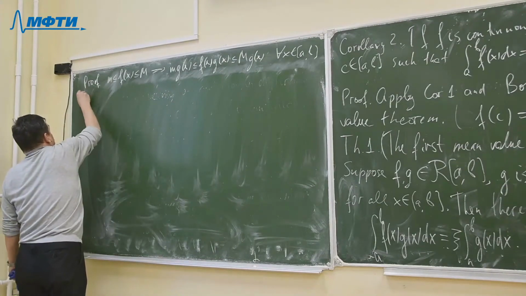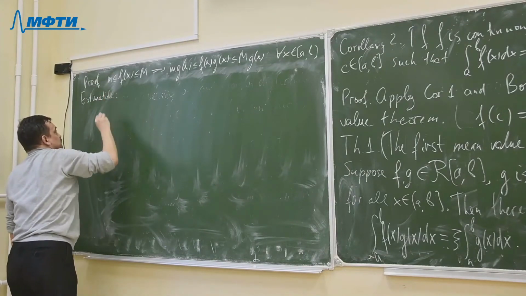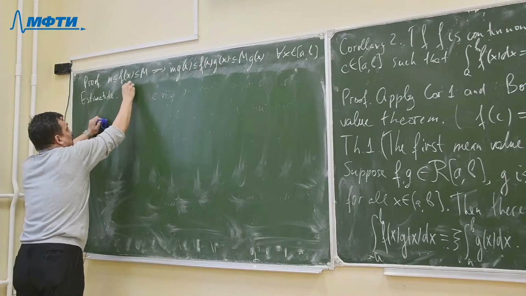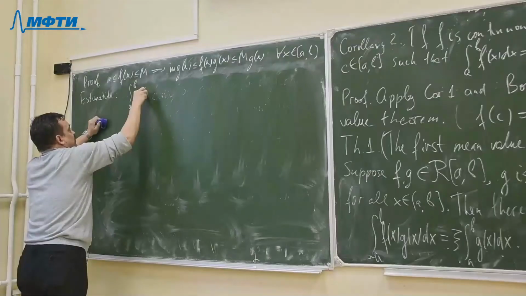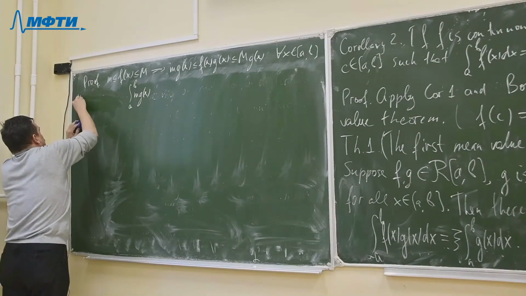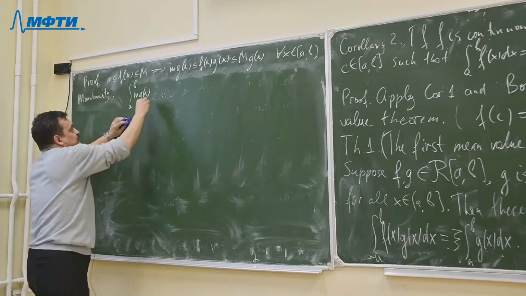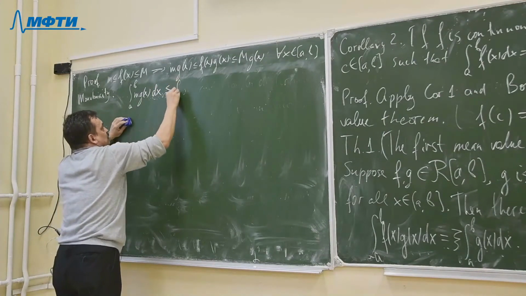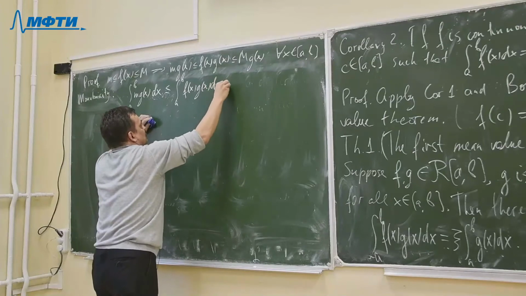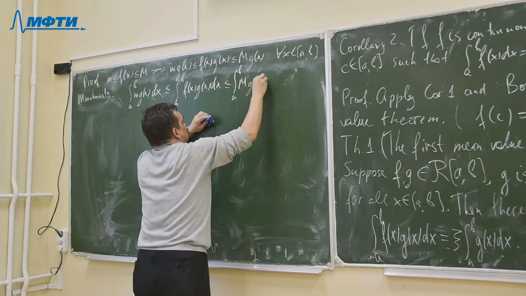Then the monotonicity of the integral gives us that the integral from a to b of m g of x is less or equal to the integral from a to b of f of x g of x dx, which is less or equal to the integral from a to b of capital M g of x dx.